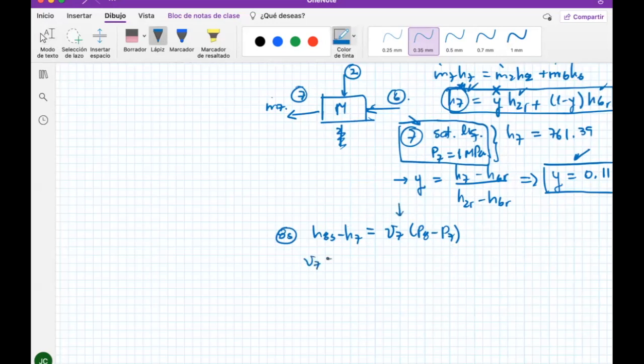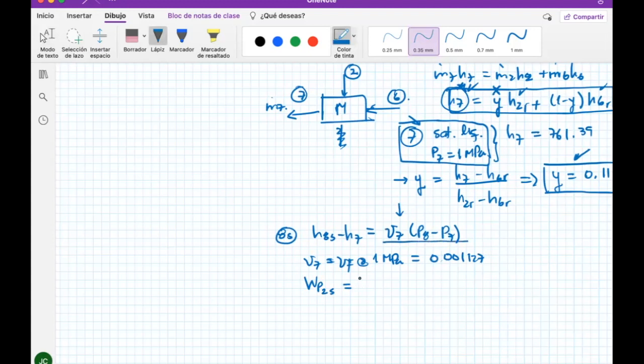V7 is vf, the specific volume of saturated liquid at the conditions of 1 megapascal. And this is 0.001127.